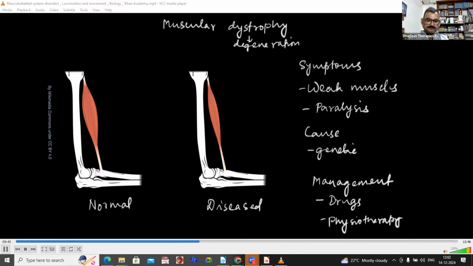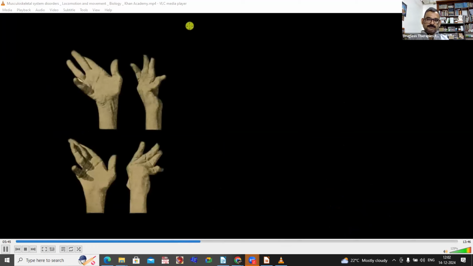Another disease of muscles is called tetany. In this disease, the muscles spasm or contract uncontrollably. You have no control over it. For example, you see these hands have peculiar postures, right? Why is the person holding their hand in such a way? Not on purpose.